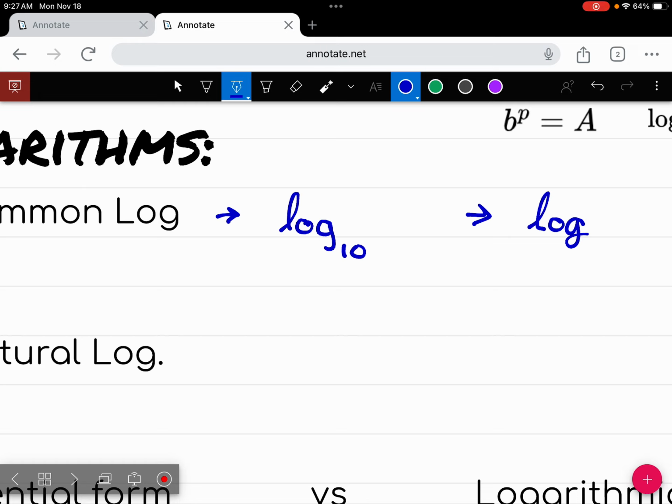And our natural log, which is log base e, so that's why the e is involved in this chapter, which we write as ln. And these are the only two that have buttons on the calculator, the common log and the natural log. Everything else we have to be able to do either mentally or in terms of these two logs.